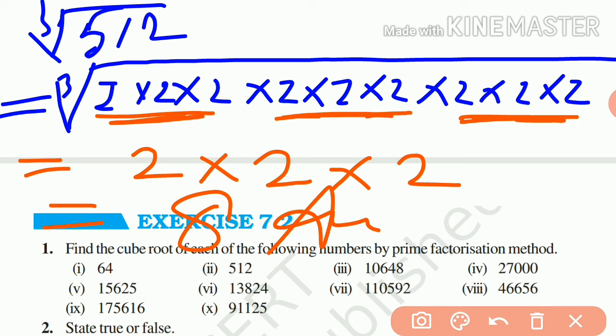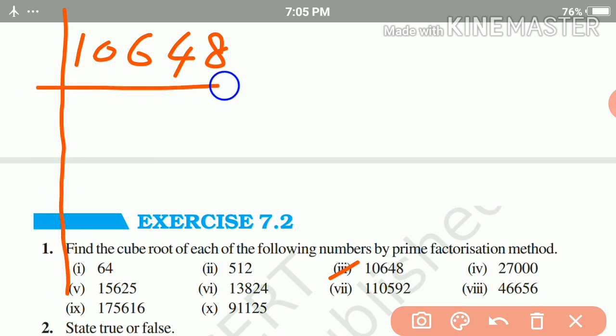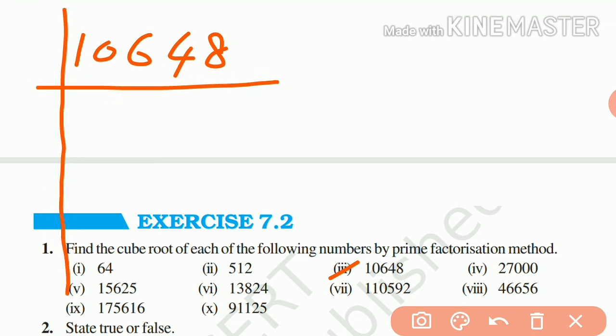Similarly, we can find the cube root of the next number. Next number is 10648, and we will factorize this number.